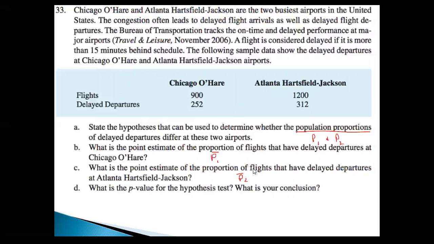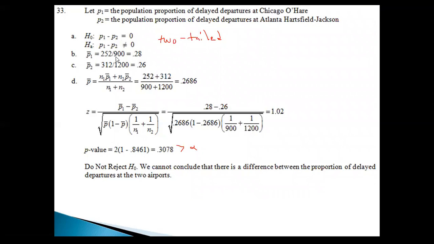Now, for our point estimates, we're just going to take 252 divided by 900 and 312 divided by 1200 for the appropriate values for p1 and p2, so 0.28 and 0.26. All right, so those were the easy calculations. Now for part D, we need to find p bar, and that's going to be n1 times p1 bar plus n2 times p2 bar, all over n1 plus n2.